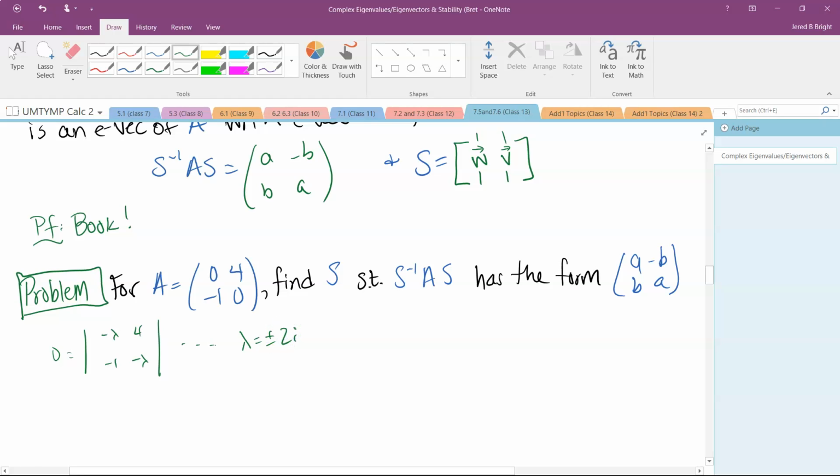Then when we look at the kernel of the matrix with minus 2i, 4, minus 1, and minus 2i for the eigenvector, what we end up getting is the vector 2i and minus 1.